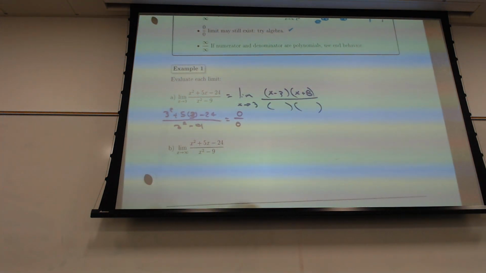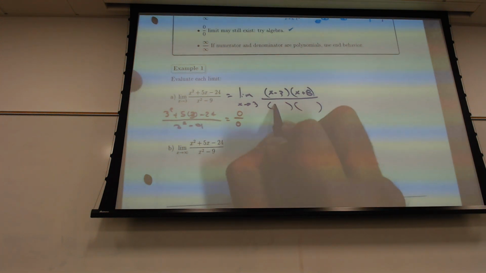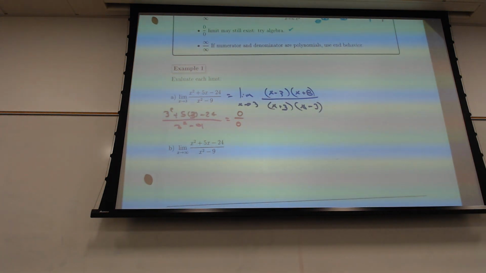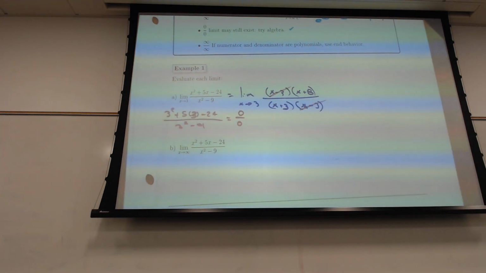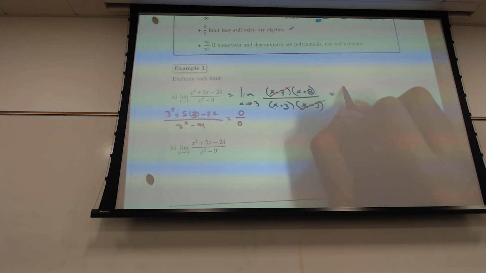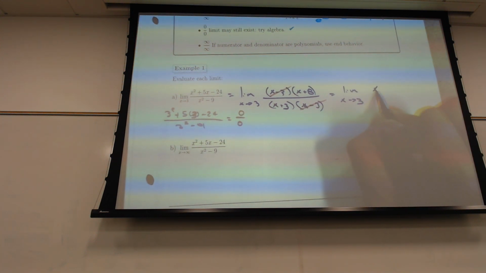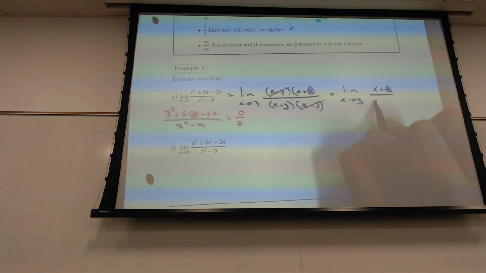And the denominator is a difference of squares. That's x plus 3 times x minus 3. And just divide out common factors, x minus 3, x minus 3. Limit as x approaches 3 of x plus 8 over x plus 3.